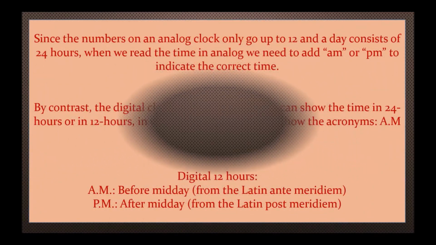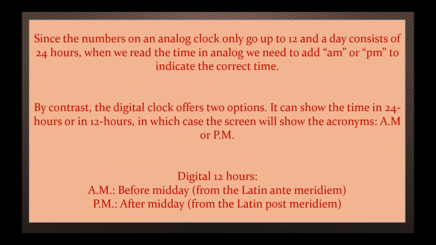Since the numbers on an analog clock only go up to 12 and a day consists of 24 hours, when we read the time in analog, we have to add AM or PM to indicate the correct time. By contrast, the digital clock offers two options.